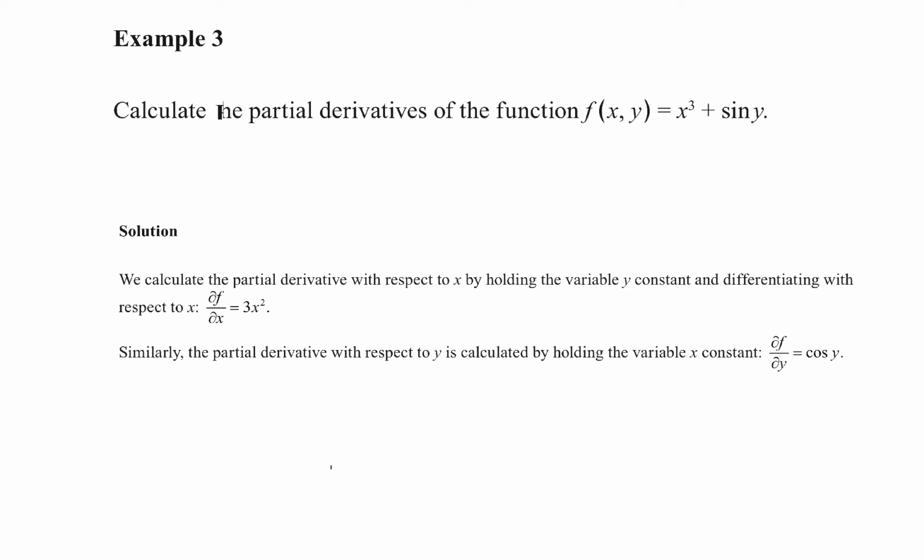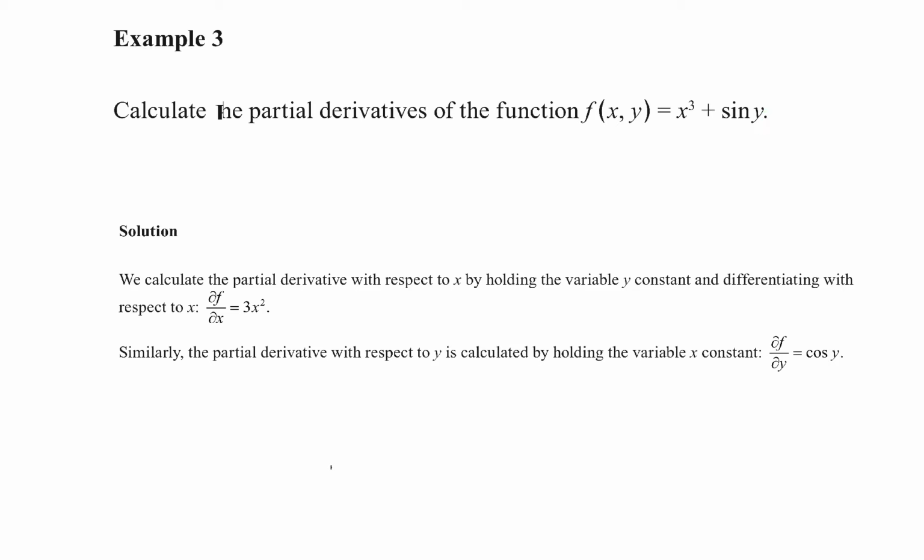Well, this part you know how to do it: calculate the partial derivative of the function f of x, y equals x cubed plus sine of y. For the partial with respect to x, you maintain y fixed, so you consider sine of y like a constant.